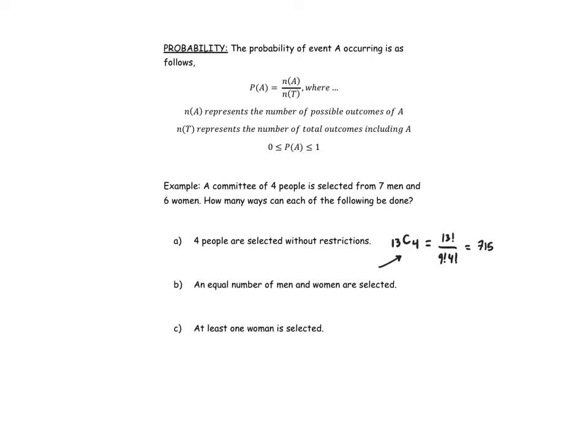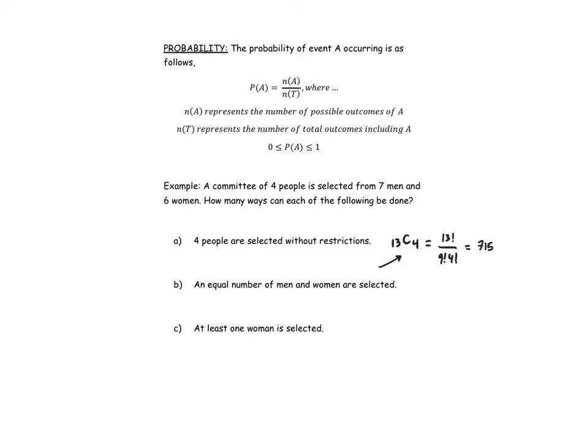Okay, part B, an equal number of men and women. Now, this is going to be an example of the multiplication rule, right? If we were to choose, as we talked about in past lessons, 3 items out of some group, we have 3 possible selections out of one group, but we got to choose one, right?